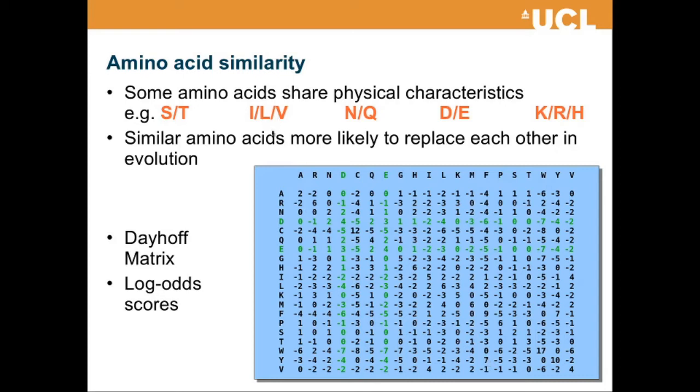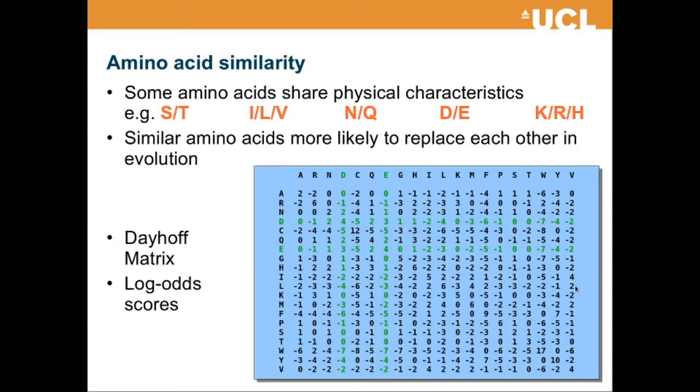Similarly, I mentioned up here isoleucine, leucine and valine. So if we look for isoleucine here versus leucine, that scores 2, and versus valine, that's at the end here, that scores 4, and valine versus leucine scores 2. So you see they're all positive scores.